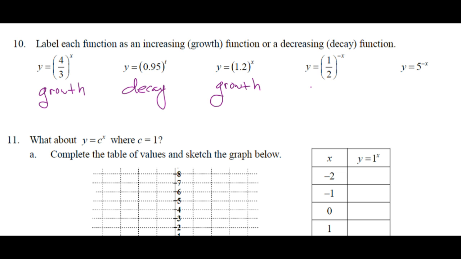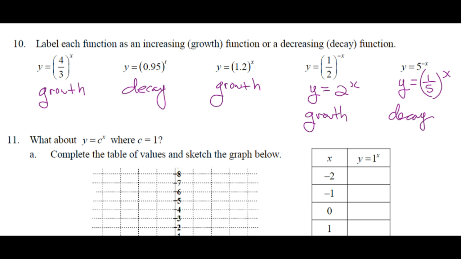It's 1/2 to the negative x. How do I get the negative off that exponent? It becomes y equals 2 to the x, right? So is it growth? Yes, growth. And y equals 5 to the negative x. This becomes y equals 1/5 to the positive x, which is decay.